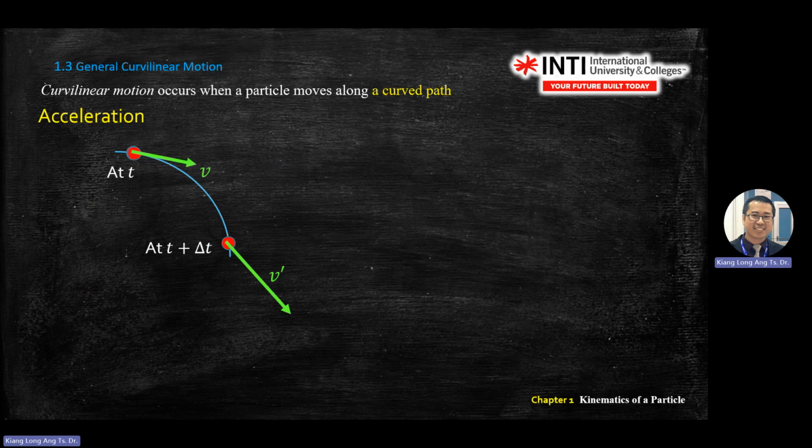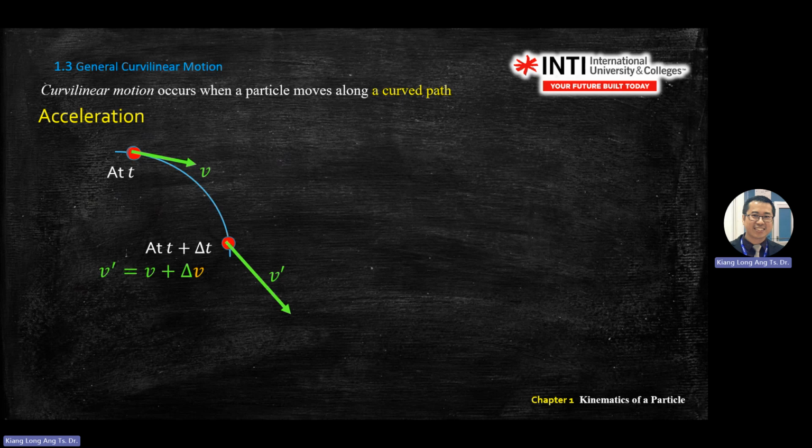What is acceleration? So actually, you need to find the delta V right here, and then differentiate it with respect to time. So how do you do that? You pull the two vectors again into a triangle. That is the procedure.